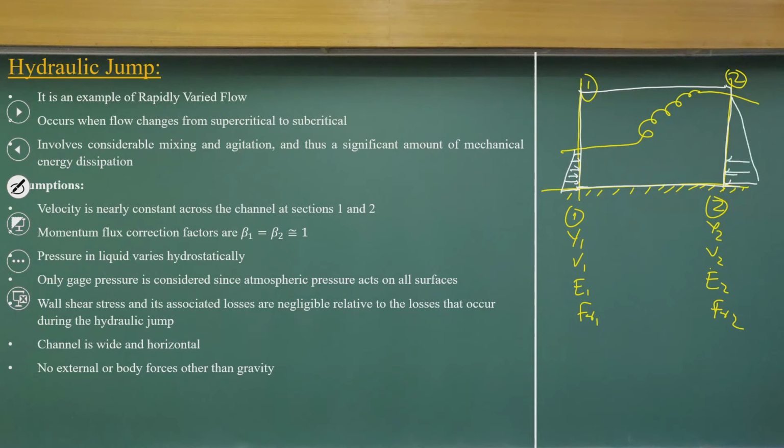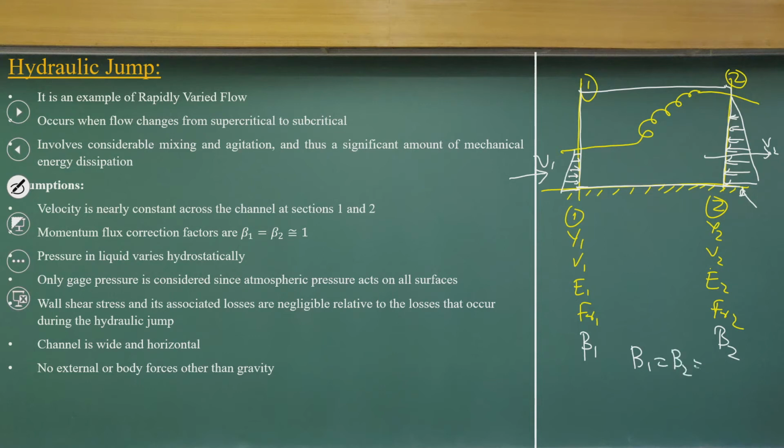The dynamic pressure is close to the hydrostatic pressure distribution. No doubt there will be velocity distributions, as we discussed, but in this case for V1 and V2 we consider the beta 1 and beta 2 momentum flux correction factors close to 1.